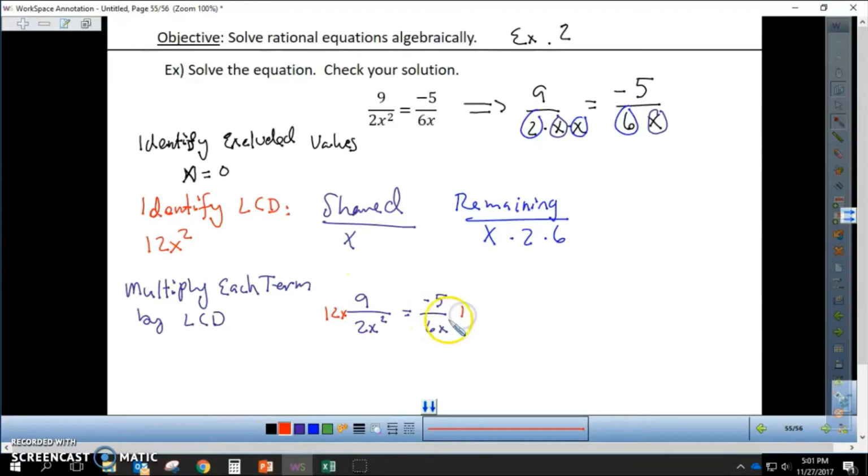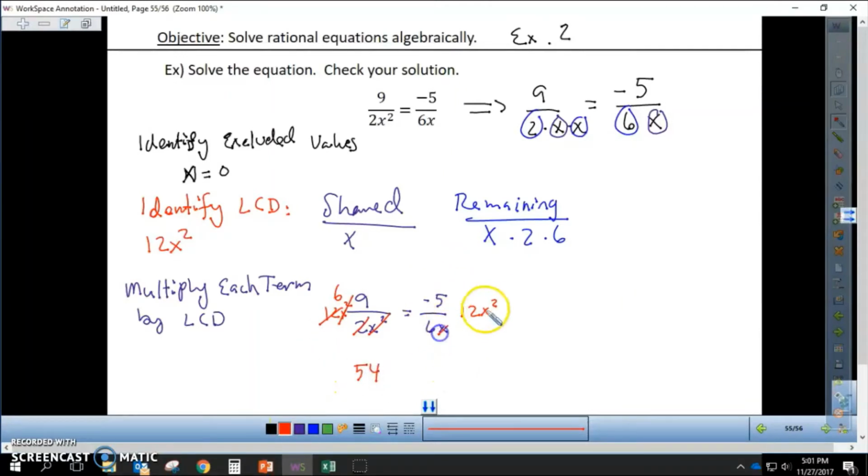I'm going to multiply this side by 12x squared. Okay, and again, in the first video I talked about this. What should happen is that this should cancel, right? X squareds cancel, top and bottom. Here my 2 cancels, and this becomes a 6. So I have 6 times 9, so this gives me 54.